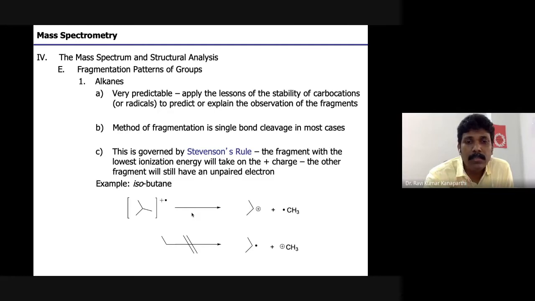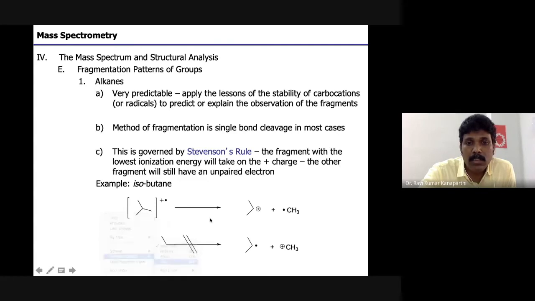When you have substituted alkanes, the small fragment will always leave as a radical rather than a charged one. With regard to the substitution, the small one takes the radical with it, leaving the remaining part positively charged.